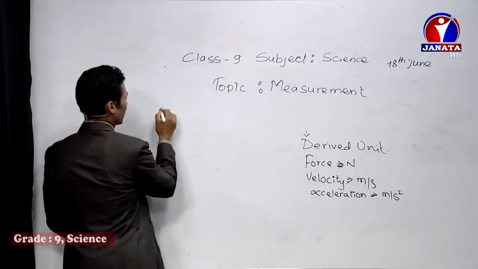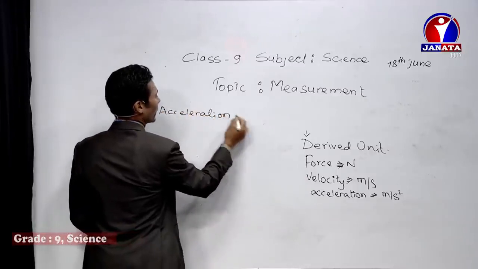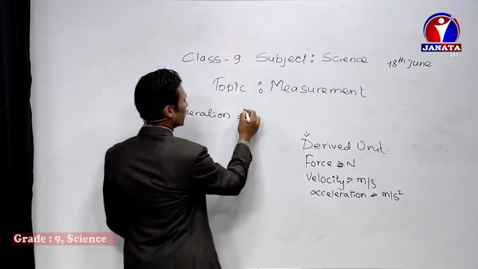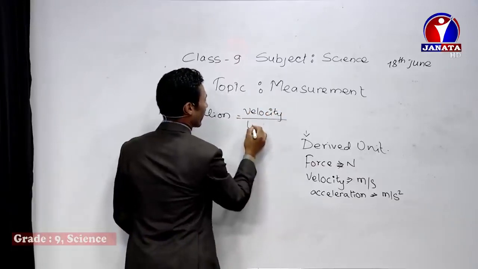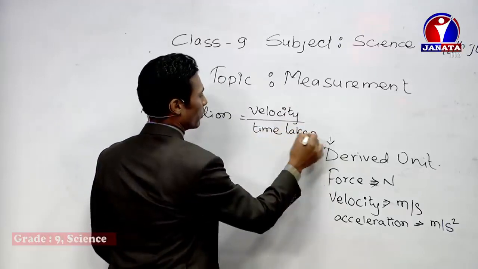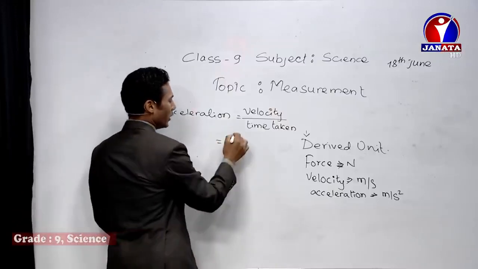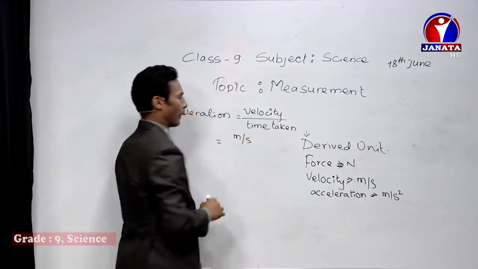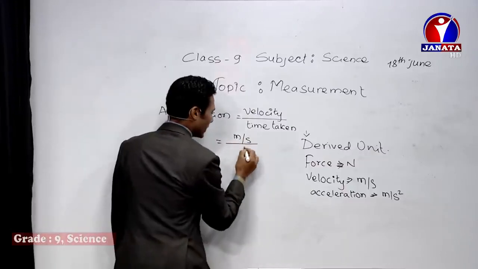The acceleration formula is velocity by time taken. This is the formula for acceleration, and velocity is meter per second. This is the unit for velocity, and time taken is second.